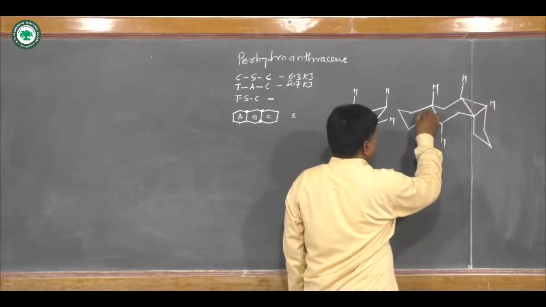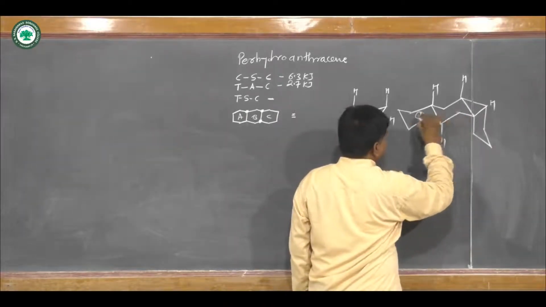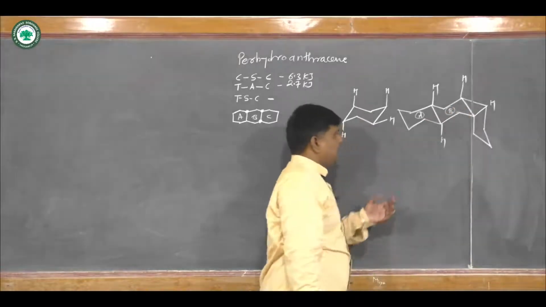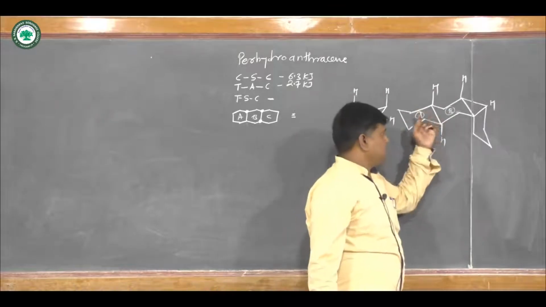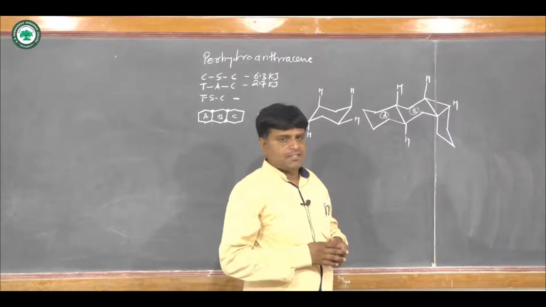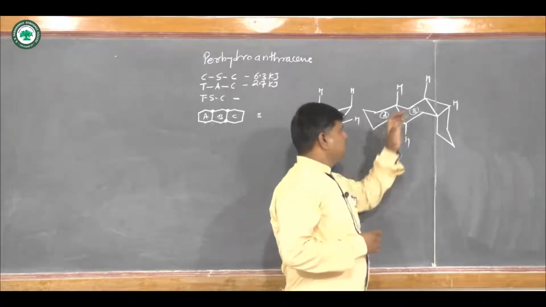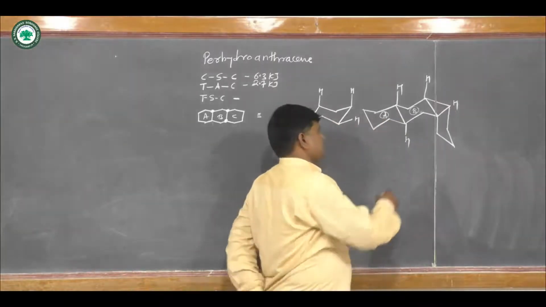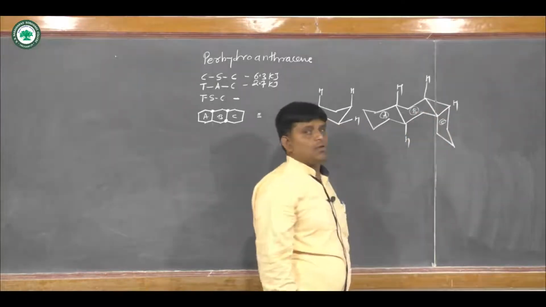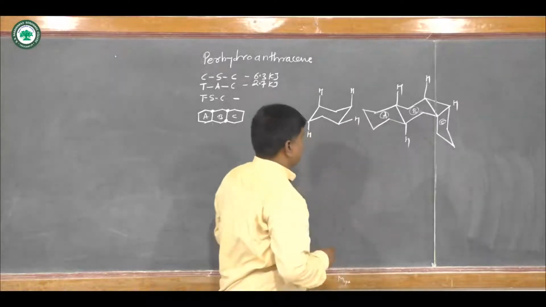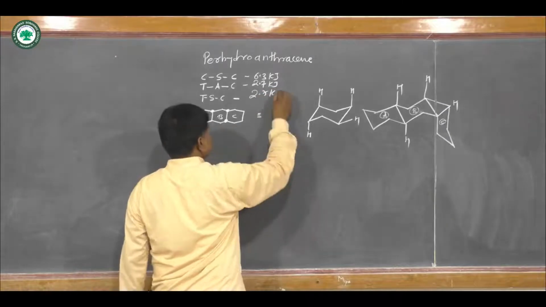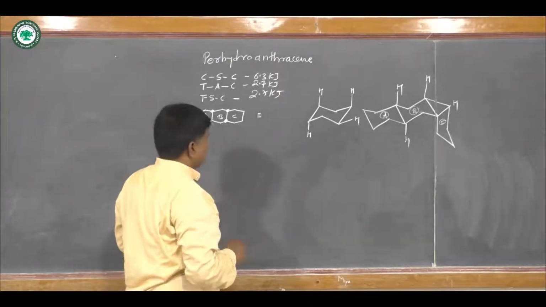Because when we go for the bicyclic ring, suppose we compare A and B, this is a trans fusion, so in trans-decalin there is zero energy, because the ring is trans fused. And when we consider B and C, both rings are cis fused, and cis-decalin has 2.7 kilocalories energy, so we write here 2.7 kilojoules.